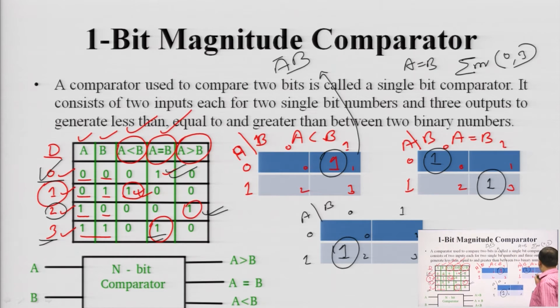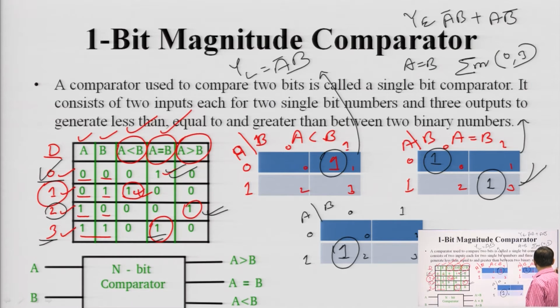This is the output for y less than, and this is for y equal. So, we will be getting A bar B plus A B bar, these two, okay.